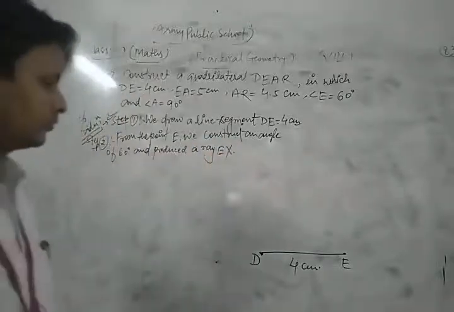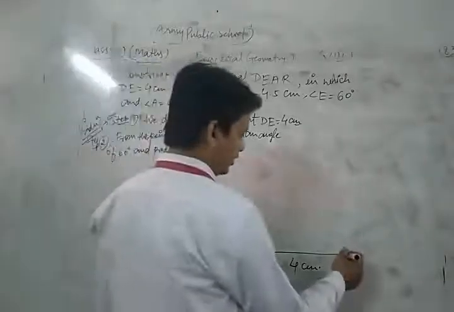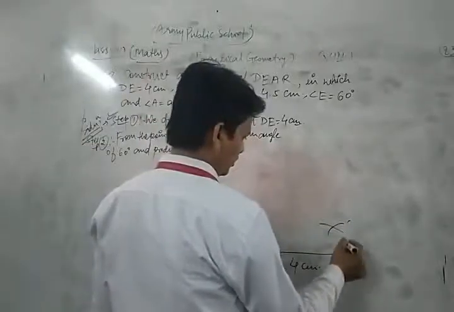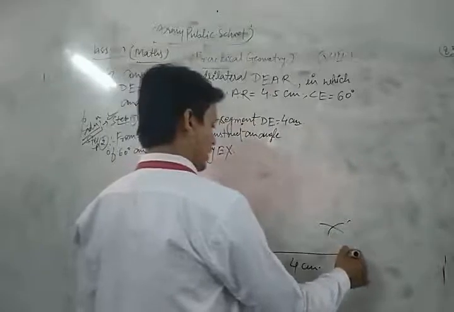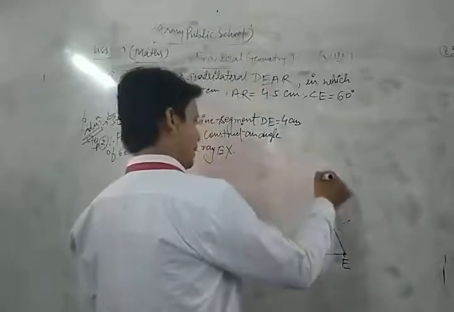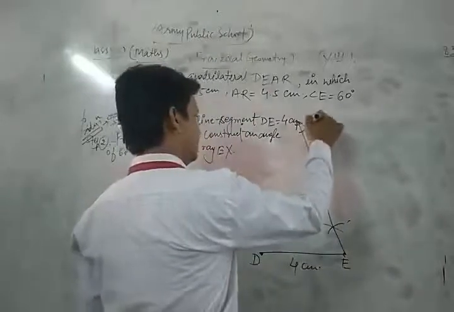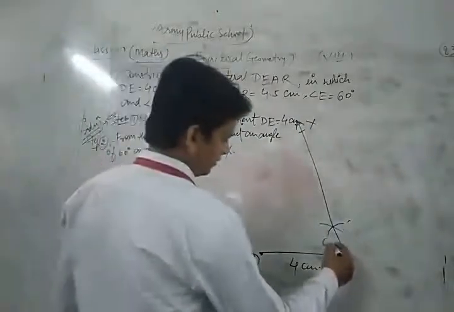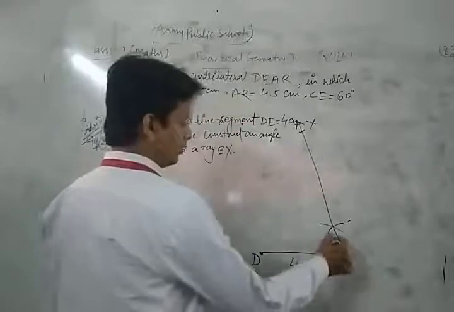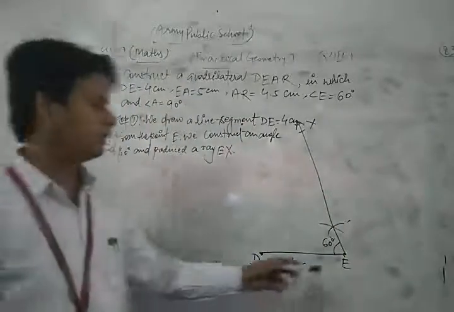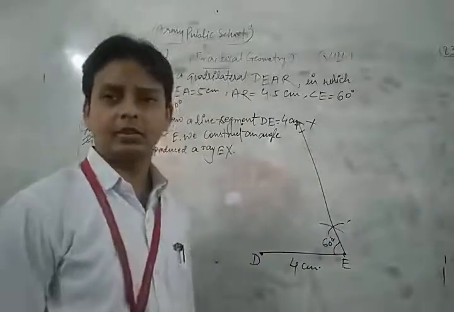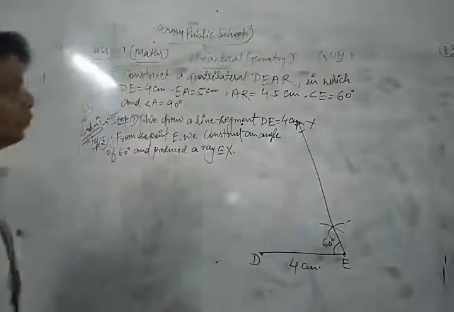So from E we construct an angle of 60 degree with the help of ruler and compasses, and produce a ray EX. Okay. Now what I do?